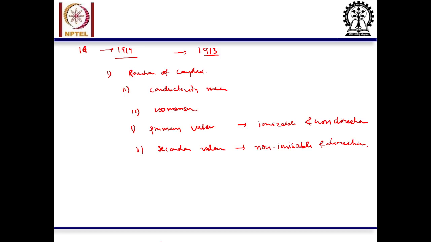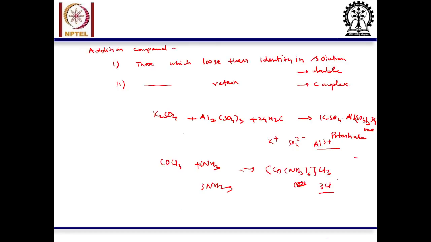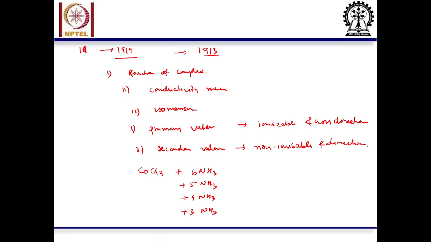So how did he give this? He took cobalt chloride with different stoichiometry of ammonia: 6 ammonia, 5 ammonia, 4 ammonia, and 3 ammonia. So what kind of complexes did he get?